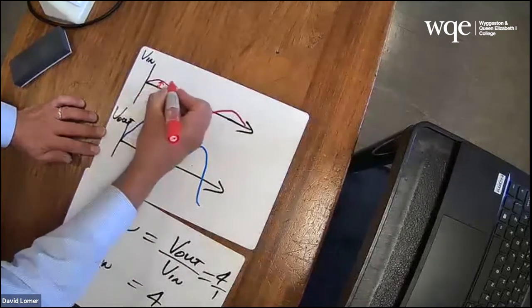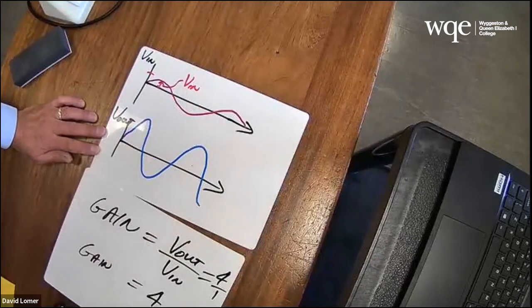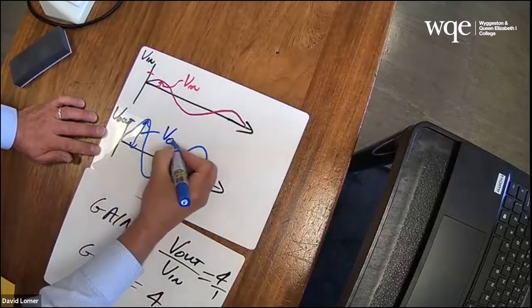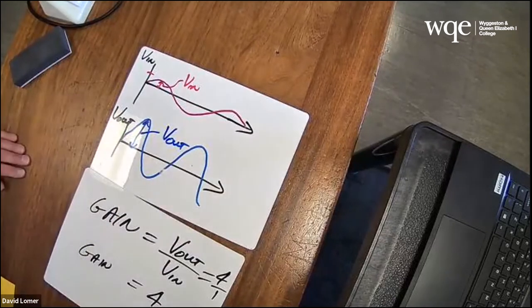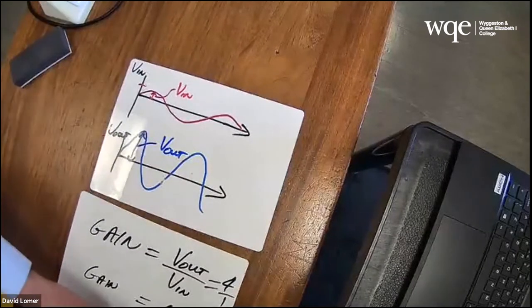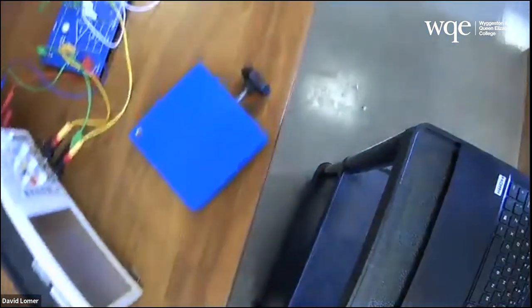So that will be V in, and this larger voltage here will be V out. Okay, so we're going to look at a system that uses that. So if we just move along to the setup I have here.